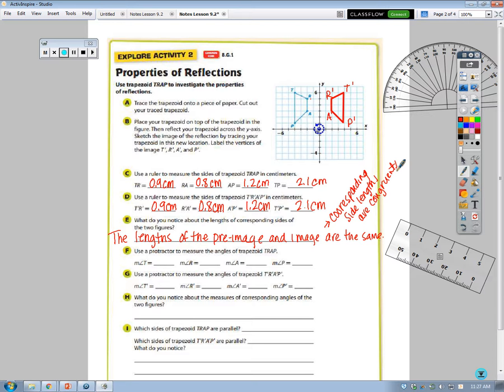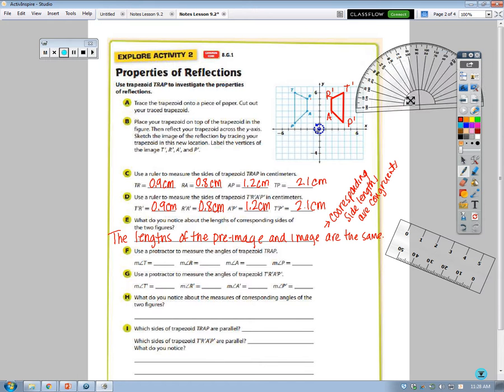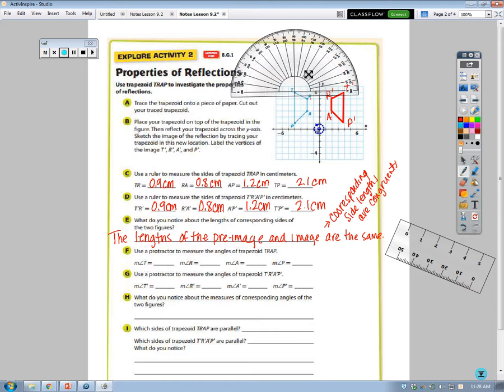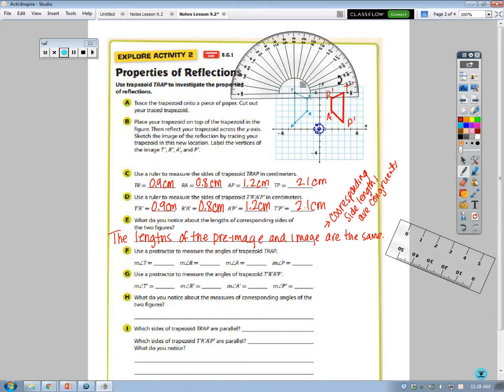Okay, so now we got to measure angles. So we got to measure the angles of our pre-image of our trapezoid TRAP. It wants us to measure angle T first, so I got to line up my center here. And I want to spin that around.